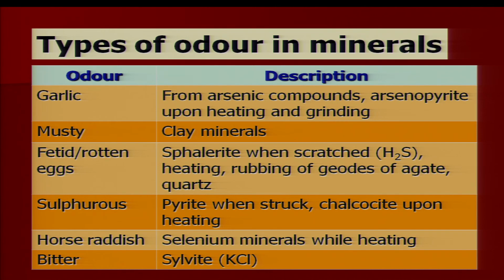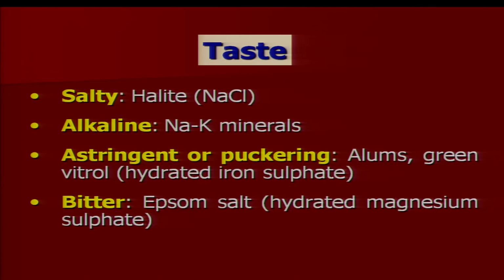Some of the minerals like sylvite, which is also known as potassium chloride, give rise to a bitter odor. It is also very easily identifiable and the mineral can be identified with the help of this odor.